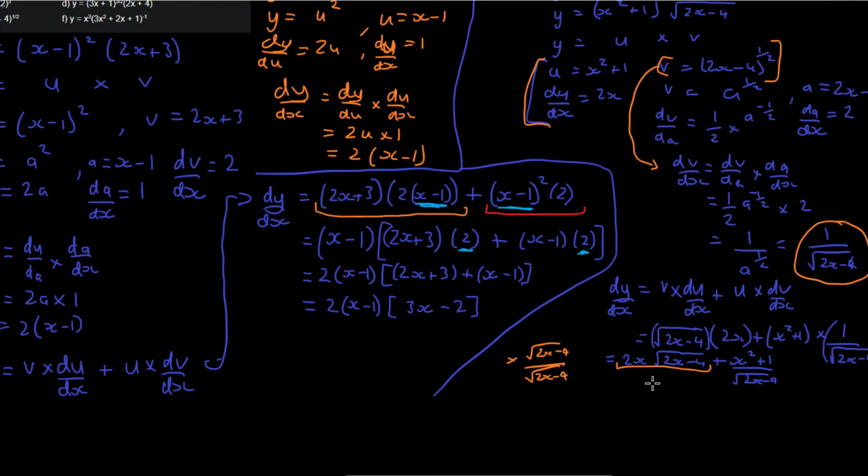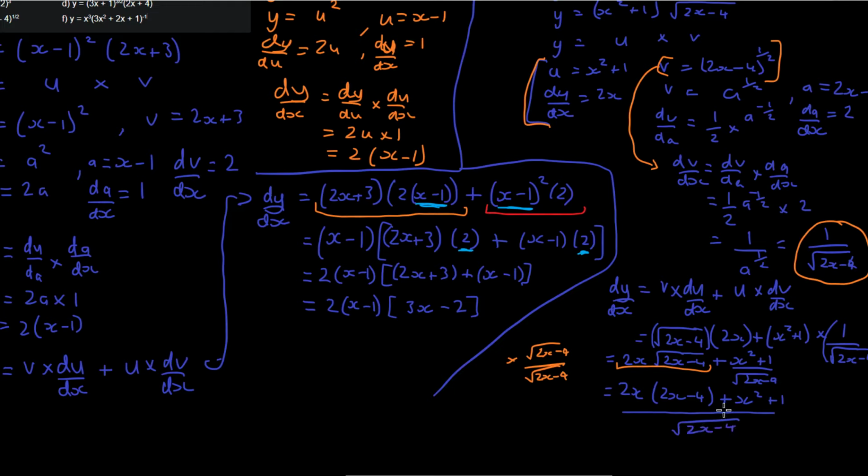And that'll give it a denominator of the square root of 2x minus 4, which allows us to combine our fractions. And luckily, there's a square root of 2x minus 4 on top, so we'll get rid of our square root sign there as well. So if we do that, we will get 2x minus 4 plus x squared plus 1 all over the square root of 2x minus 4.